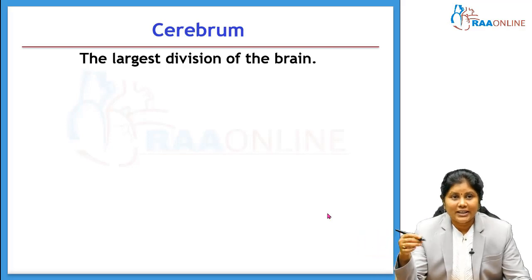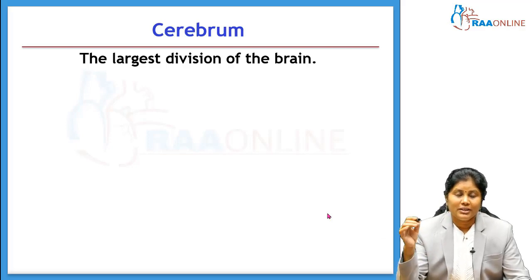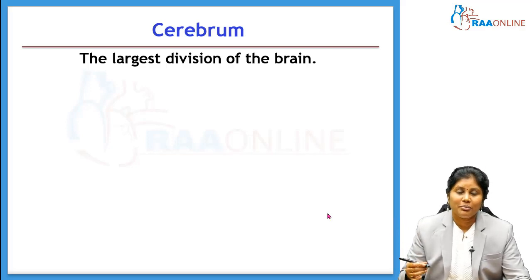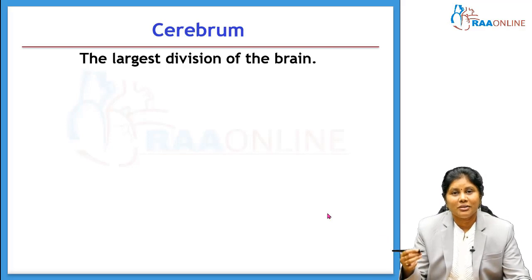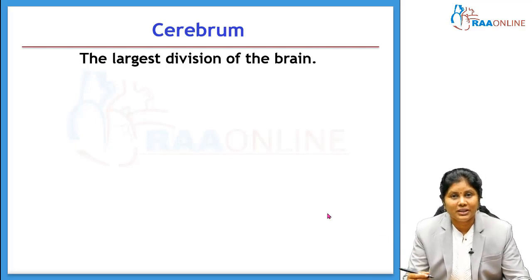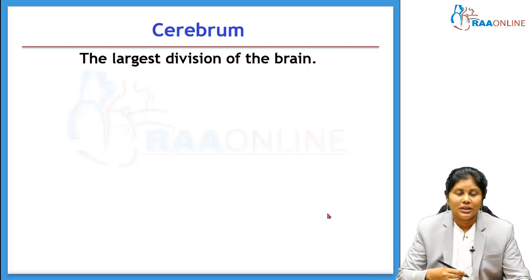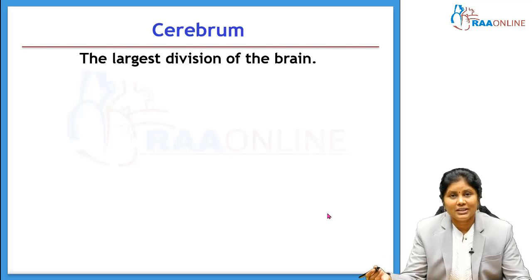You can see the size of the brain is also more when compared to the lower animals and other primates. But it is not only the size, the number of neurons is very important. In fact, the elephant has a bigger brain than human beings, but the number of neurons in the human brain is almost twice or thrice that of the elephant.